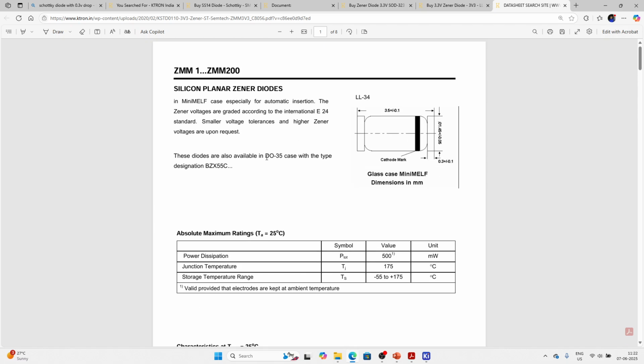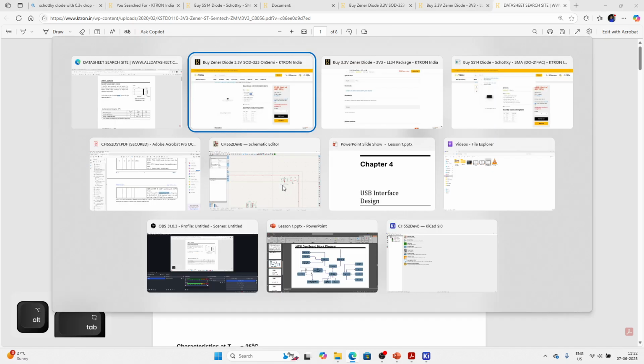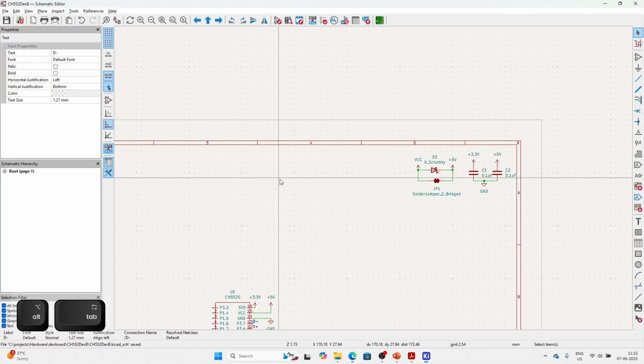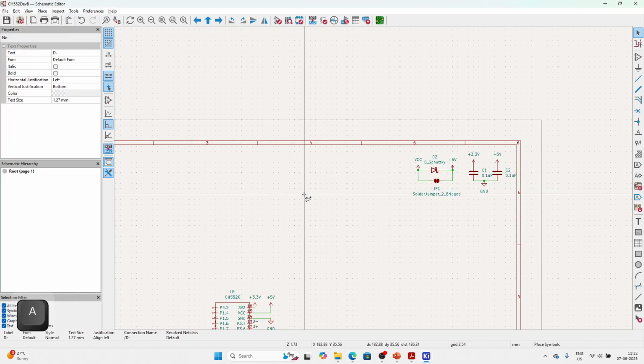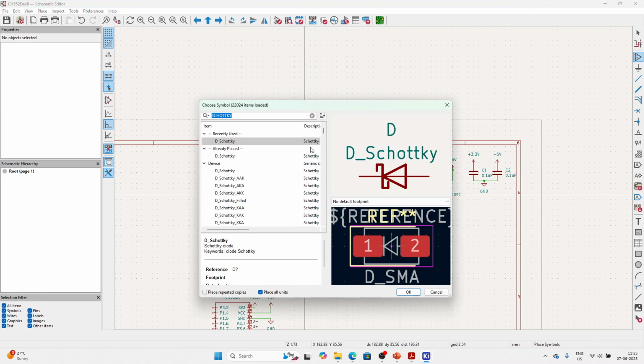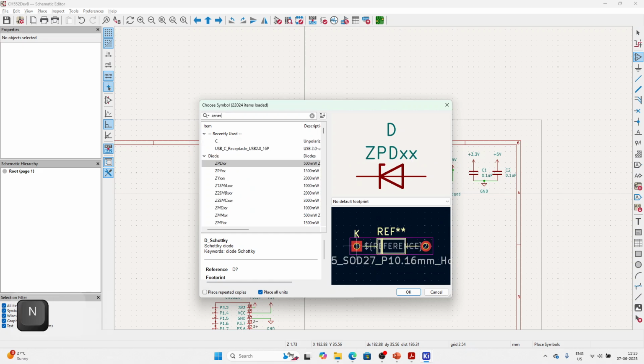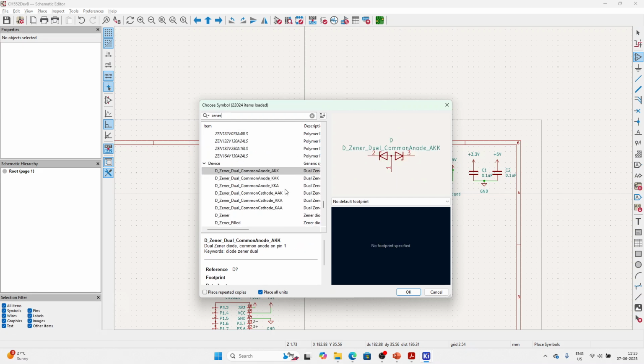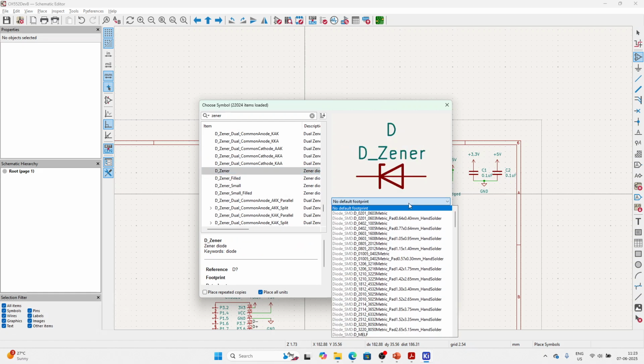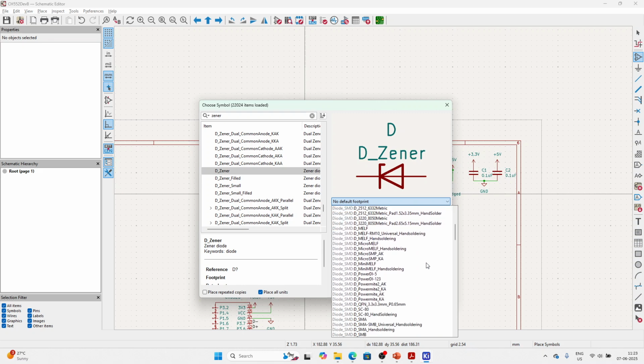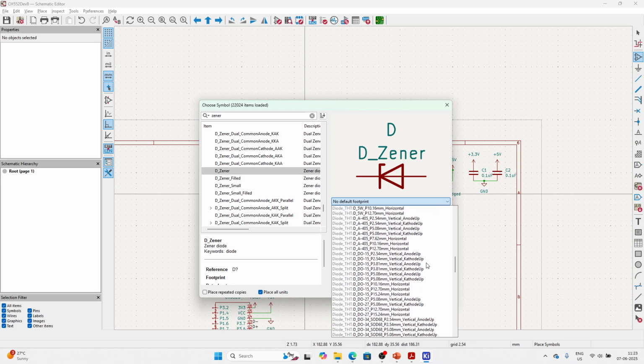This has a package of DO35. So we'll go ahead and put those two. This we are just keeping for the namesake, we'll not be connecting it.